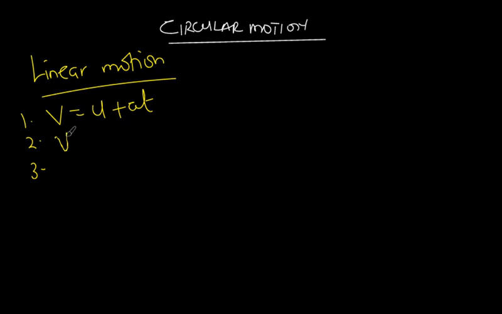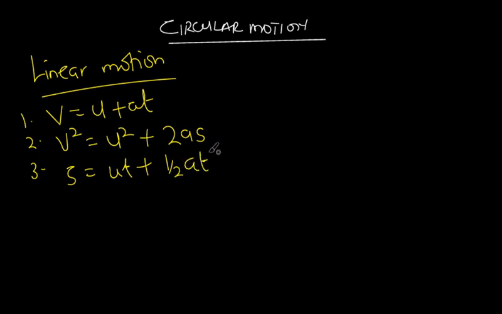Then the square of the final velocity is equal to the square of the initial velocity plus 2 times the acceleration times the distance. And then the distance is the product of the initial velocity times time plus half the acceleration times time squared.